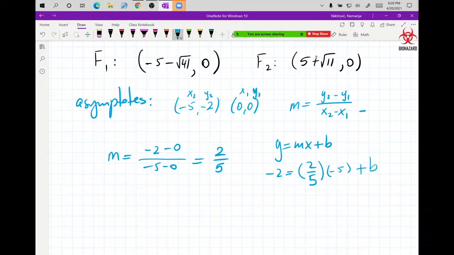And then plus that value b that you need for your linear equations.